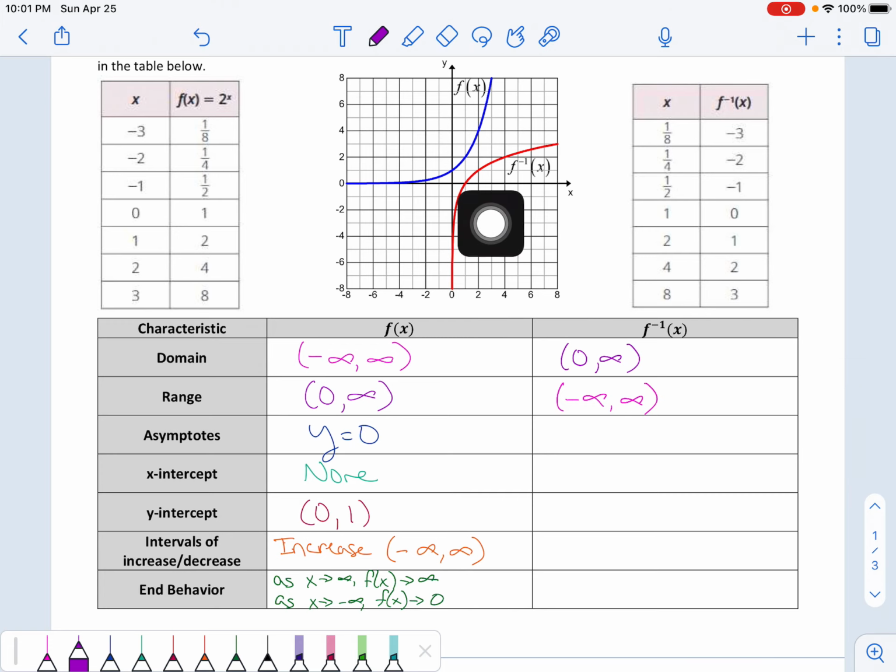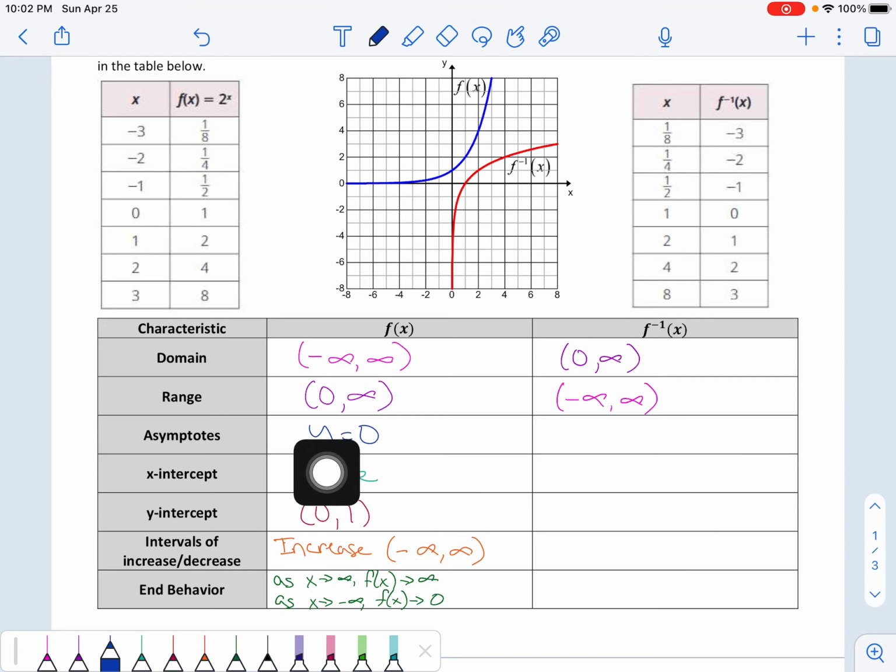So if we look at the graph, this red curve is the function we're looking at. What are our possible x values? Well, it never goes negative. And while it kind of looks like it touches the y-axis here, it actually doesn't. It approaches it. So this is going to be from 0 to infinity. Range-wise, how low? Negative infinity. How high? Positive infinity. So yeah, that makes sense, right? We just switched those two.